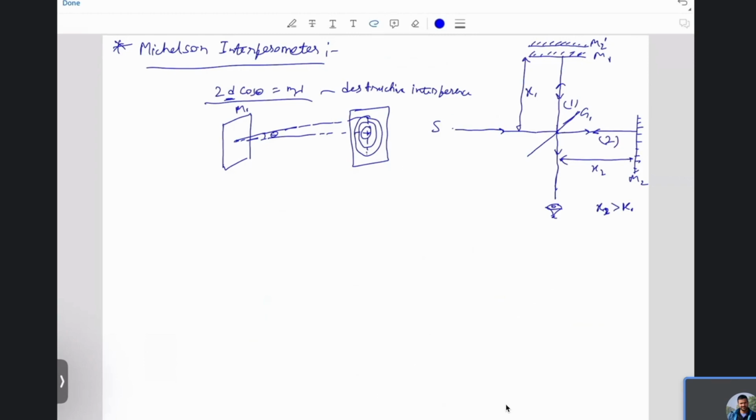Suppose at the center you have cos 0, so you have this condition: 2d is equal to m lambda at the center.